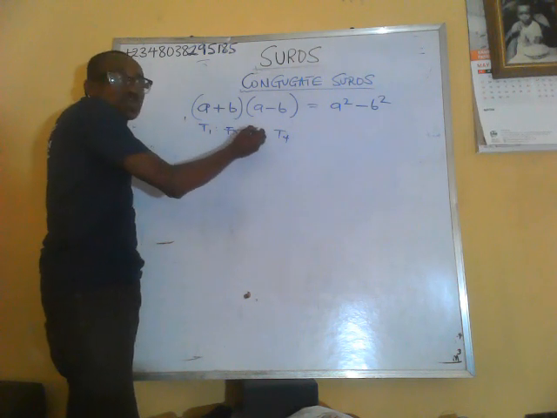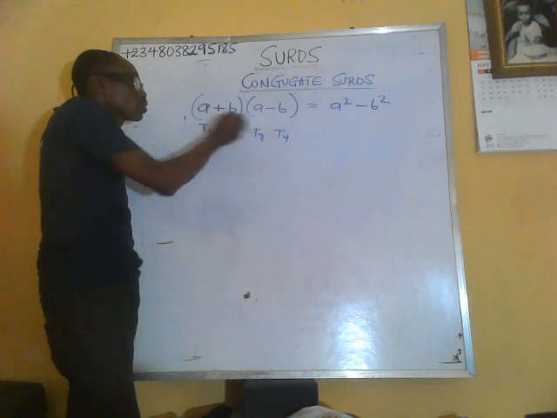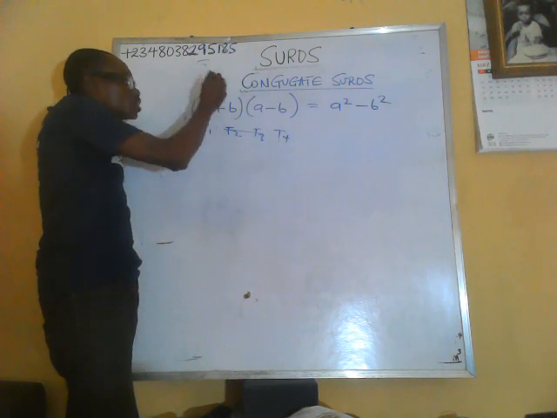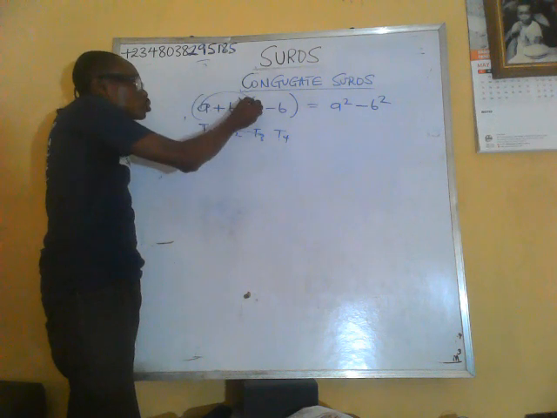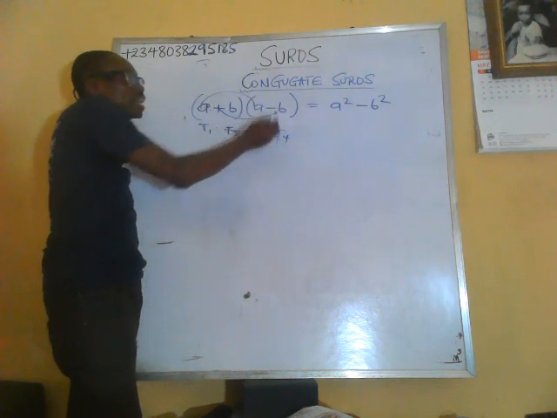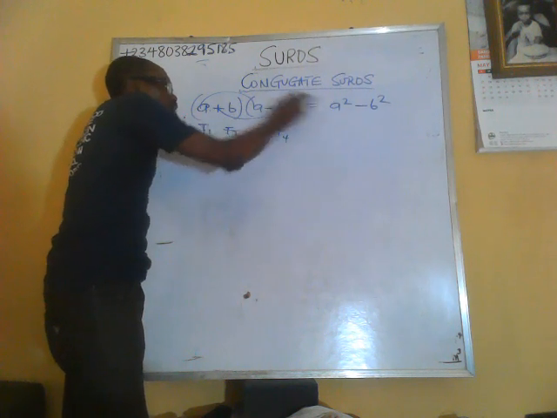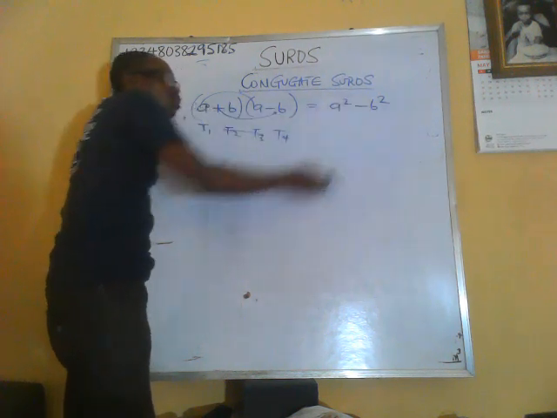Term 2 and term 3 will cancel themselves out, so you're left with term 1 and term 4. So when expanding something of this nature, just multiply these two together, and you arrive at A squared, plus B times minus B, which is minus B squared.